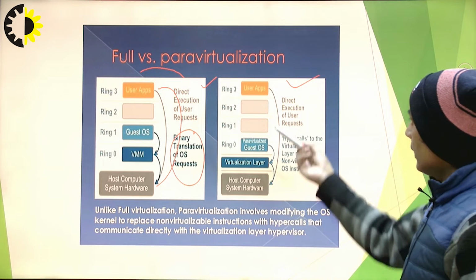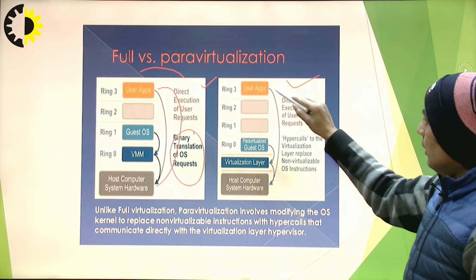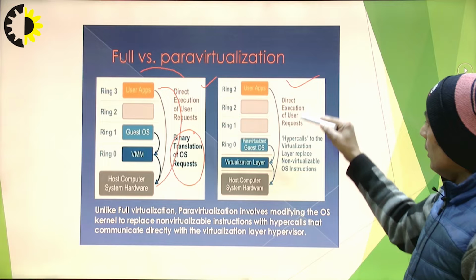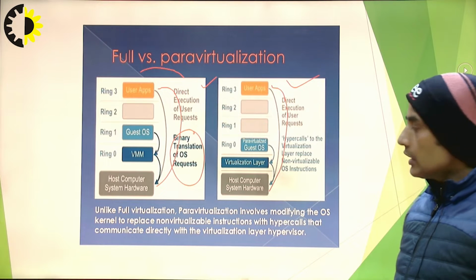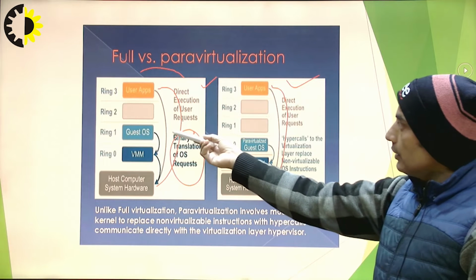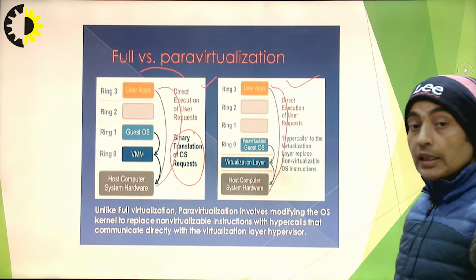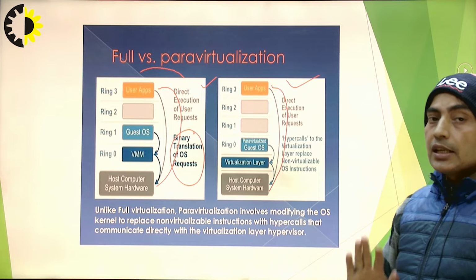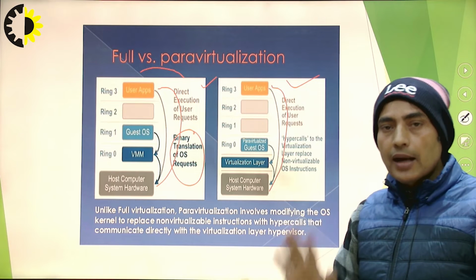But in the case of para virtualization, you can see here the direct execution of user requests. Non-critical instructions are executed directly, in a similar way to full virtualization, but for the critical instructions, a hypercall is generated at compile time.